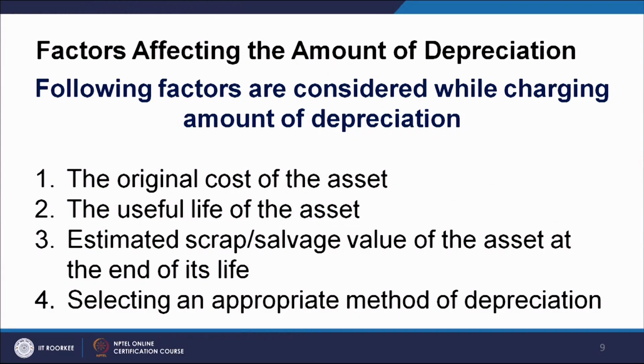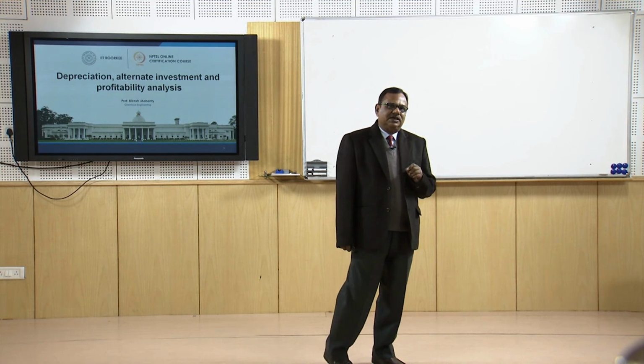Number 1 is the original cost of the asset, because the depreciable amount is calculated as the initial cost of the asset minus the salvage value of the asset.